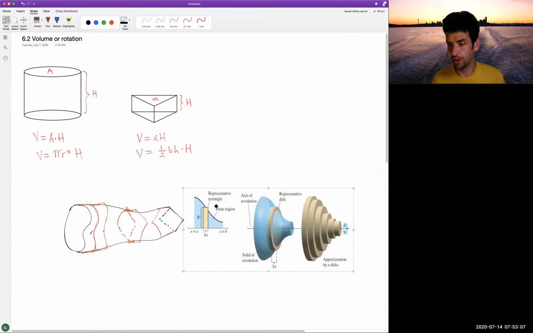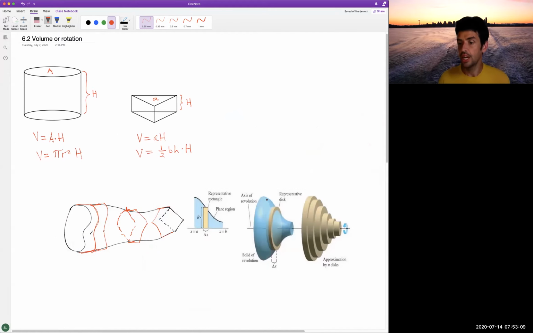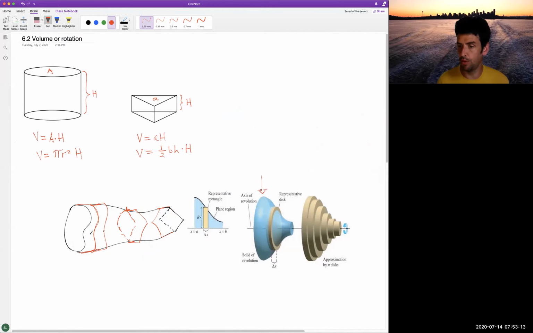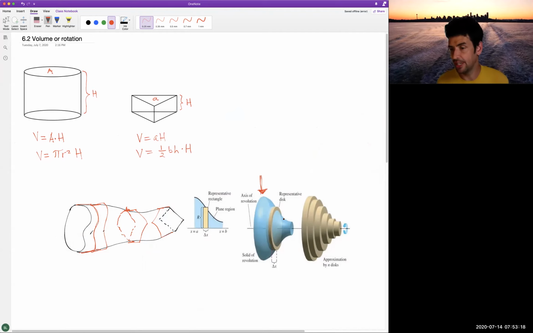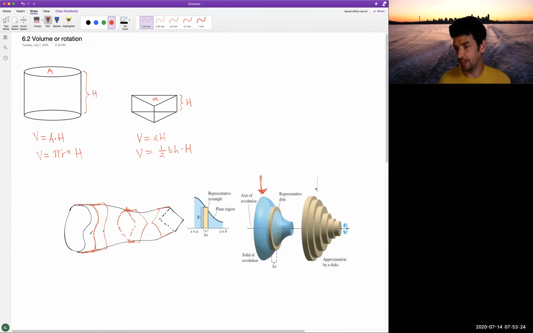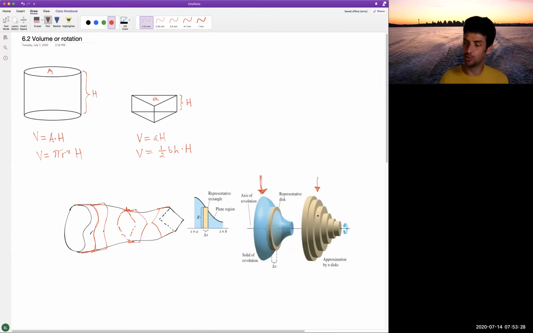I thought I could cover up that thing, but look at what we're looking at here. This blue shape is the kind of thing we're trying to approximate. Its area is changing all the way through. So what we do is approximate it with this stack of cylinders we see here.